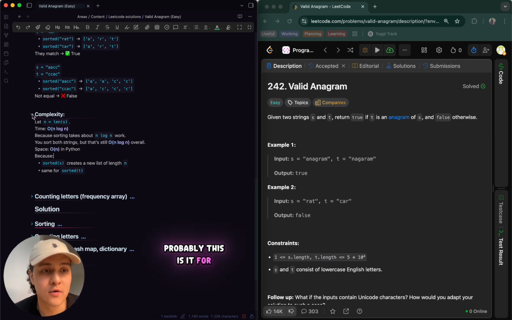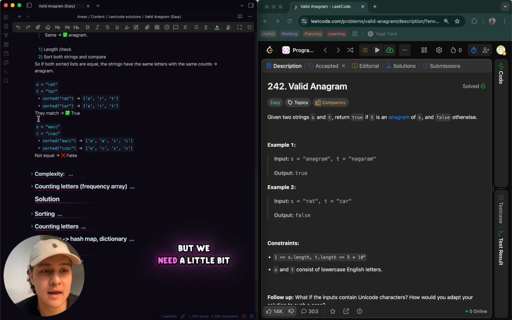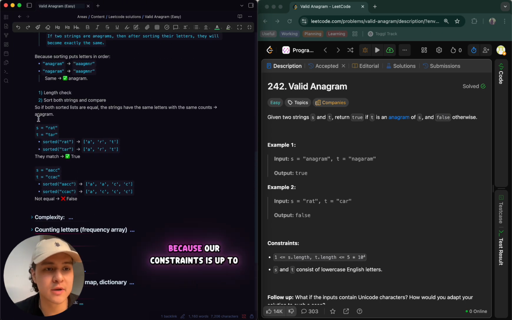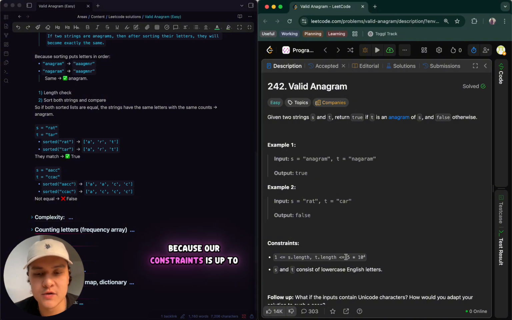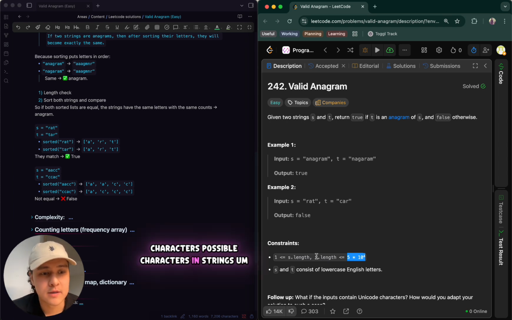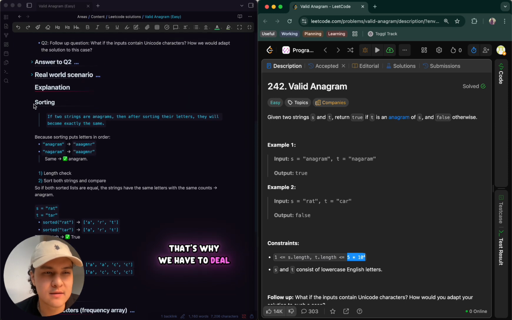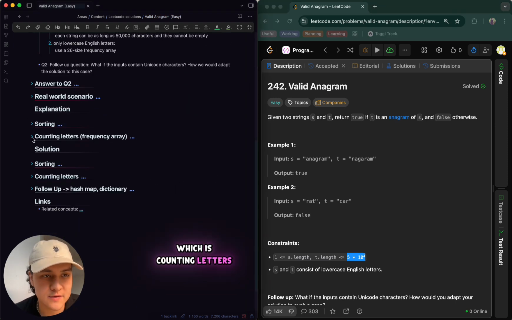This is it for the sorting solution, but we need a slightly better solution, because our constraints go up to 50,000 possible characters in the strings. That's why we move to a better solution, which is counting letters.